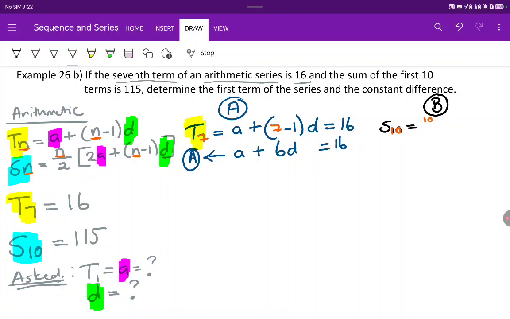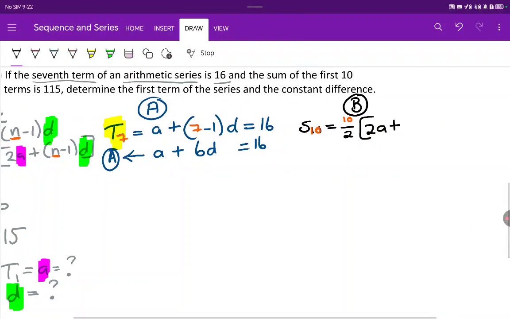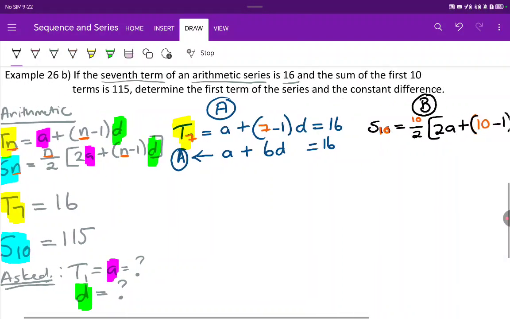So it's 10 over 2, open square bracket, 2 times a plus n minus 1. n is 10, and we say 10 minus 1 multiplied by d, because we don't know what d is yet. Now we're going to simplify that, and this whole one is equal to 115.